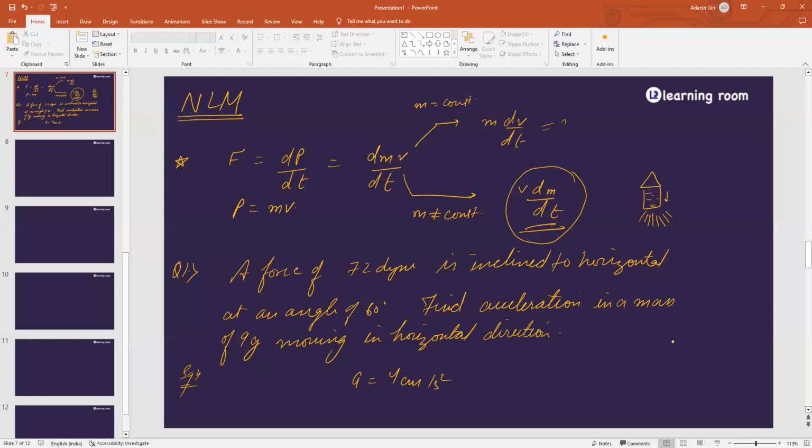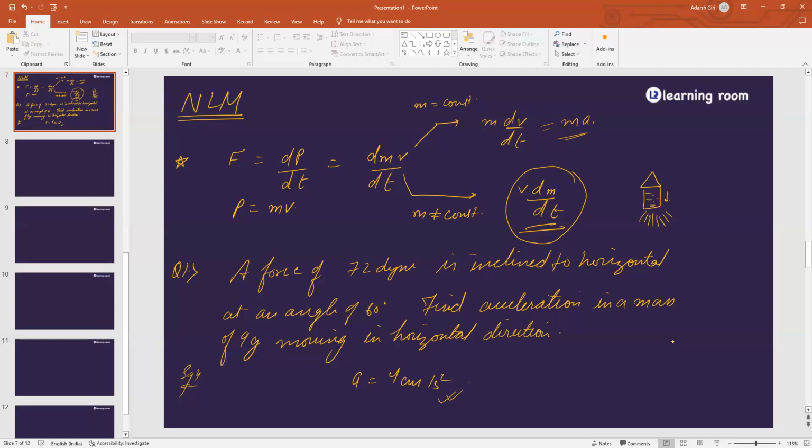So this becomes mass times acceleration. Got it, everyone? Yes, sir.